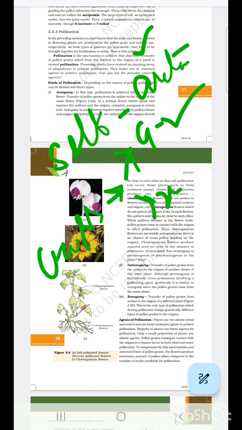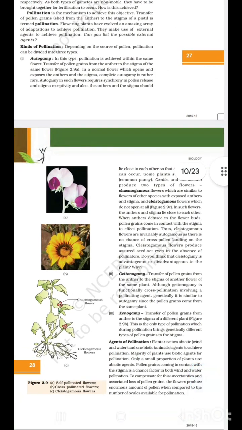And xenogamy is transfer from the anther to the stigma of a flower borne on a different plant. For autogamy, such a flower requires synchrony in pollen release and stigma receptivity. Also the anther and stigma should lie close to each other so that self pollination can occur.